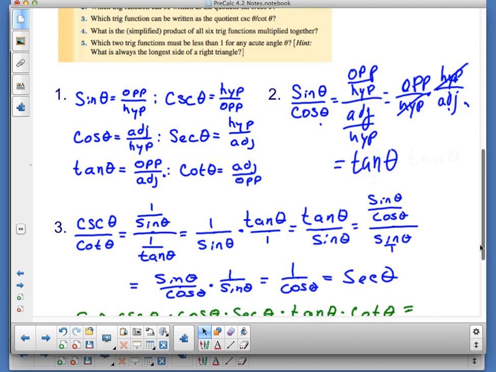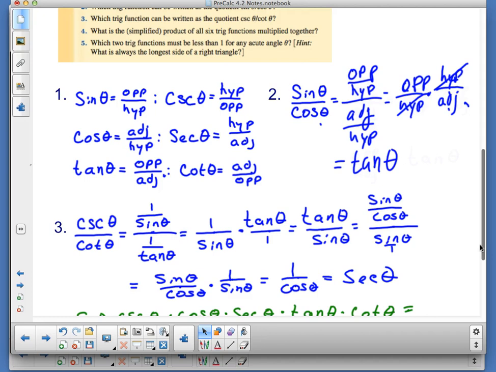Now, in step 4, they ask, what is the simplified product of all 6 trig functions multiplied together? You've got to be thinking about this. Do you have a prediction? Aren't they reciprocals of each other? Secant is 1 over cosine. Cosecant is 1 over sine.